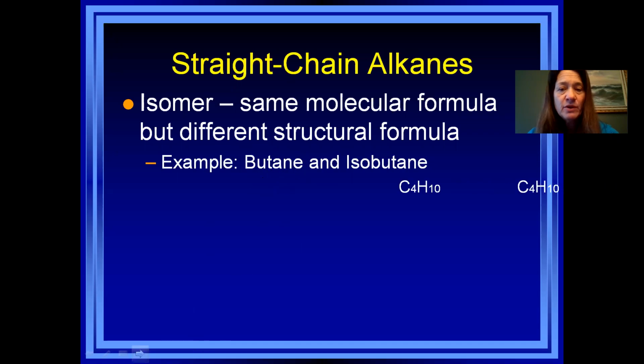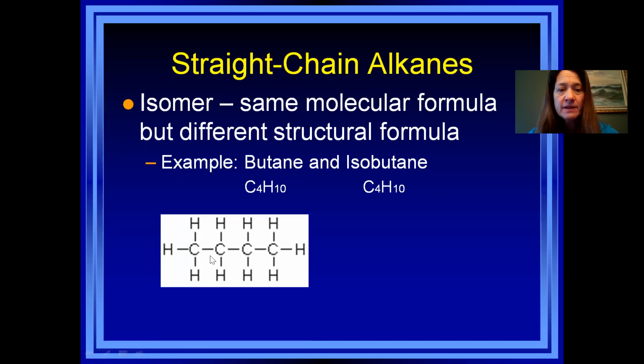So here we have butane. But is 4 carbons. A and E is single bonded. Everything between the carbons is single bonded. And then we fill in the hydrogens. And when we do so, C4H10 is our molecular formula.